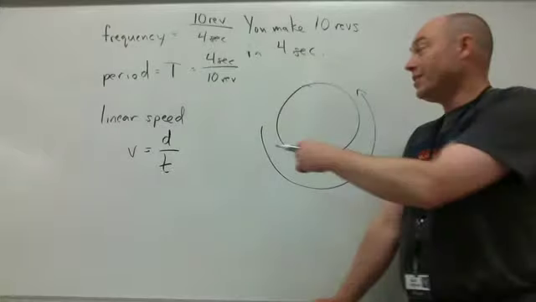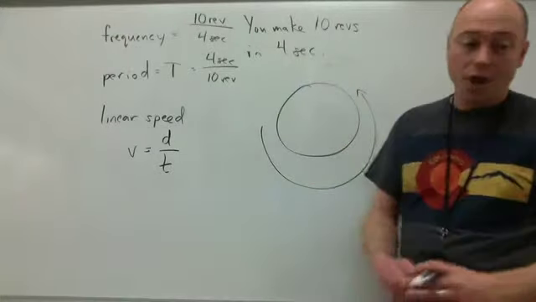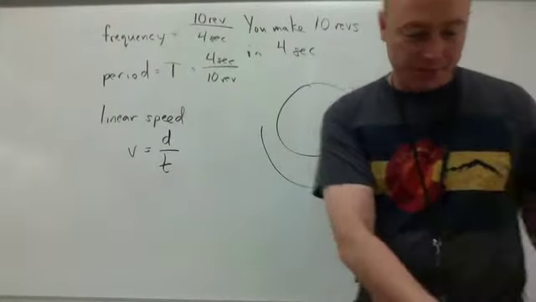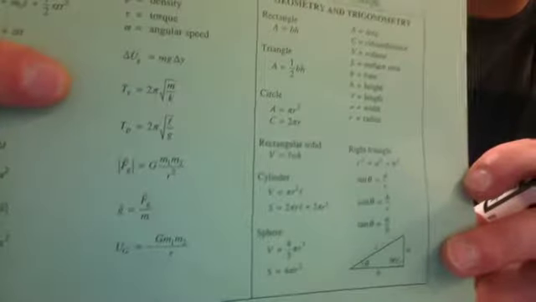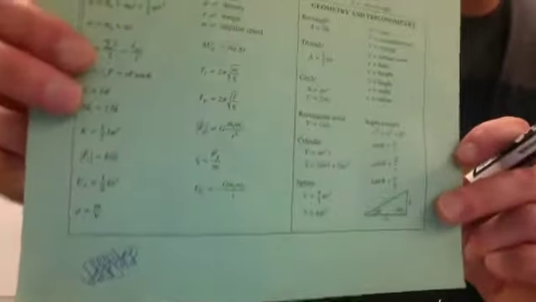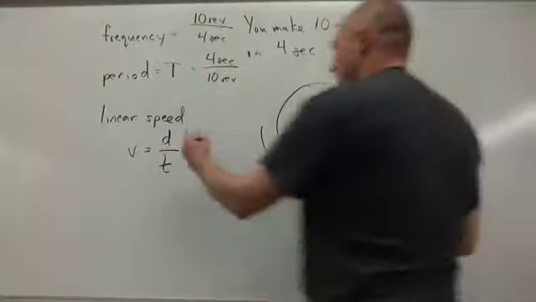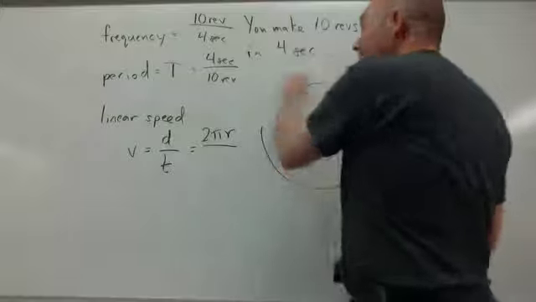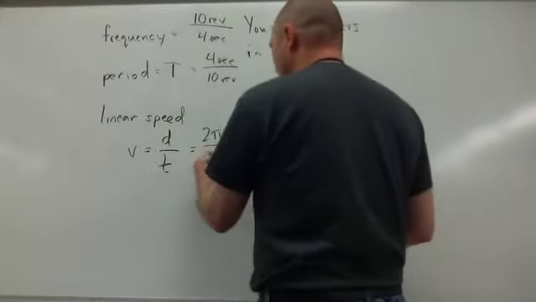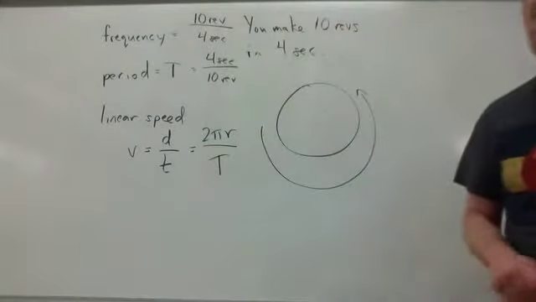But what is the d around a circle called? That's the circumference. In case you don't remember how to find the circumference of a circle, it's right there on the equation sheet. It is 2 pi r, divided by the time it takes to go around once, which is the period. So linear speed is that.